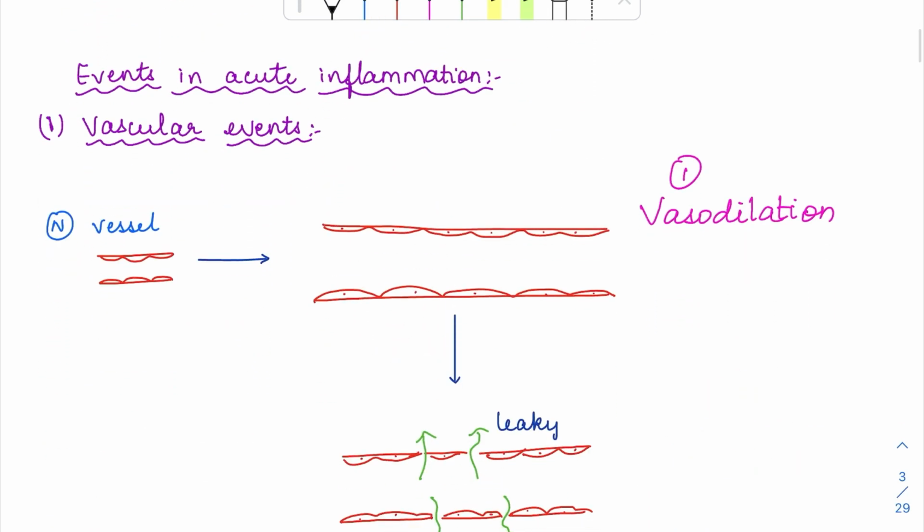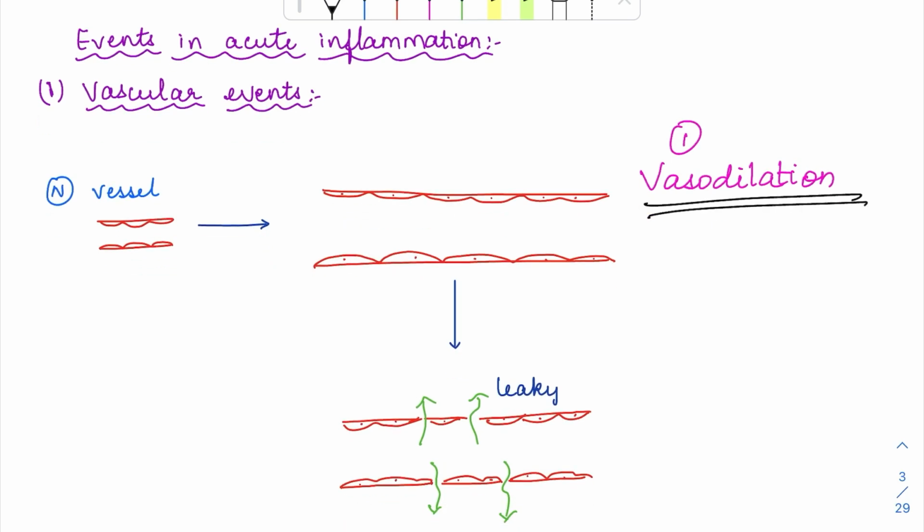Next, what happens in the acute inflammation? The events happening in acute inflammation will finally lead to the recruitment of the WBCs to the site of injury. The events in acute inflammation can be classified into vascular events, which happen in the vessels, and cellular events. Under the vascular events, the first step is vasodilatation. Suppose this is the normal diameter of the vessel.